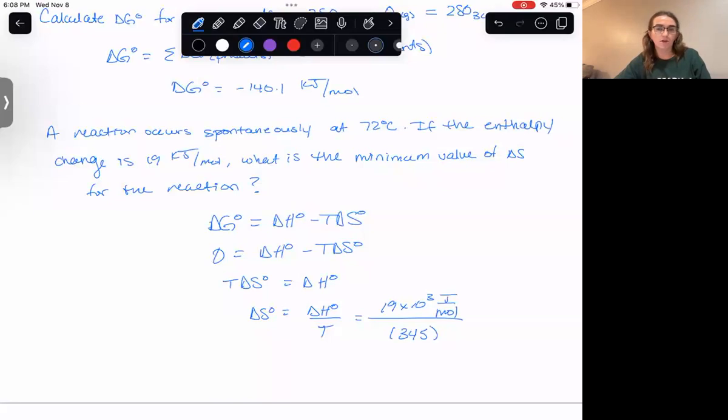So we're looking for the minimum value of delta S for the reaction when it's becoming spontaneous. That's why we need to set it to 0 here.